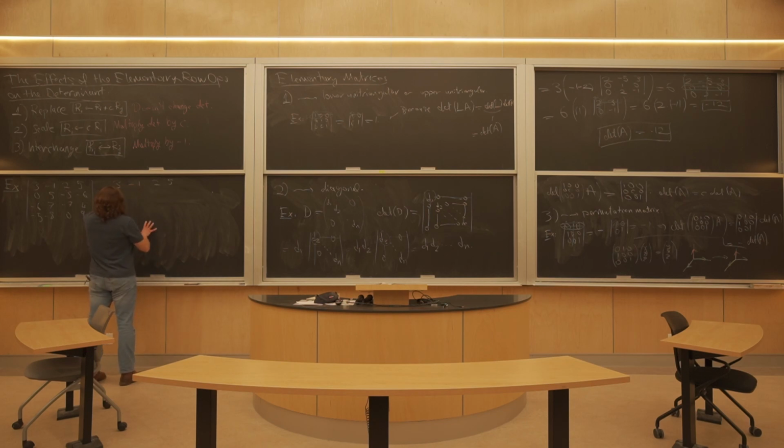0, 5, minus 3, minus 6. The fourth row is going to stay the same also. And this is 0 now. If I multiply this by 2, that is a minus 2, plus 7, minus 5, plus 5.